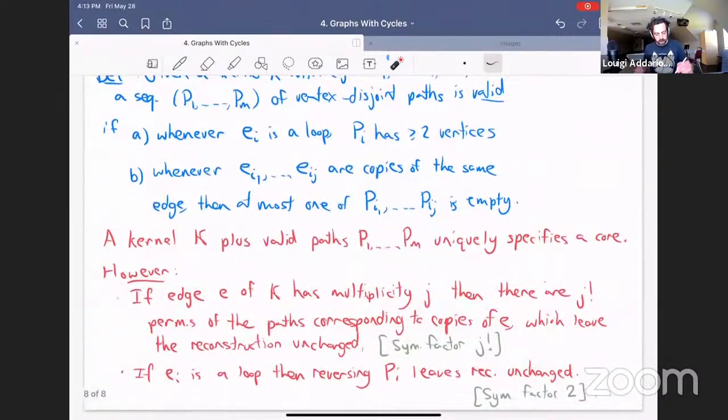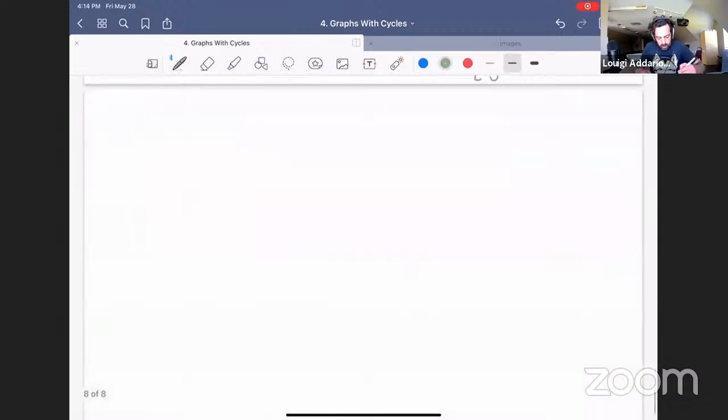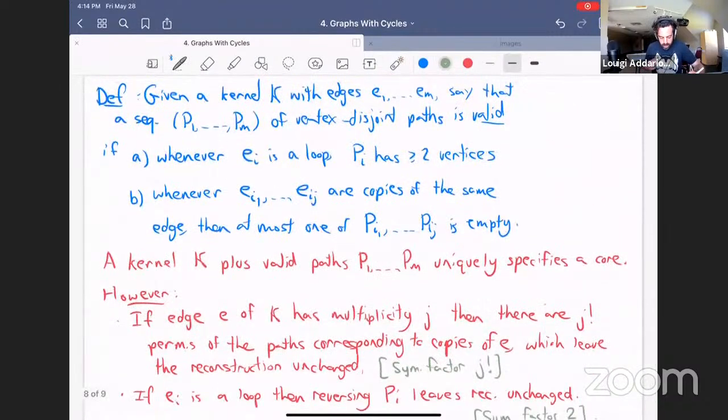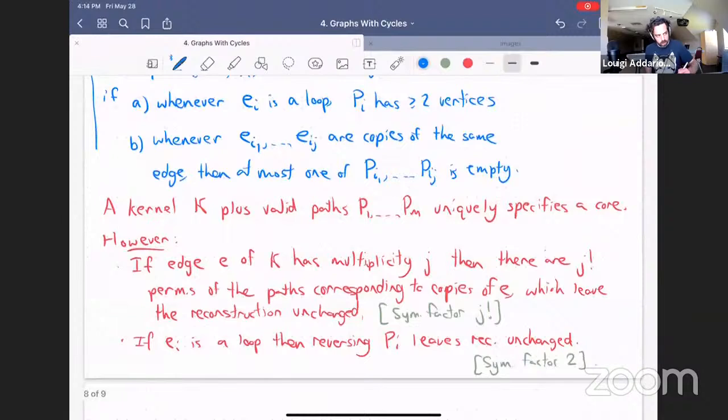So now we have a reconstruction. This is basically enough combinatorics now. That's the sort of care we need to take in order to figure out how to reconstruct cores from kernels and what the symmetry factors are.